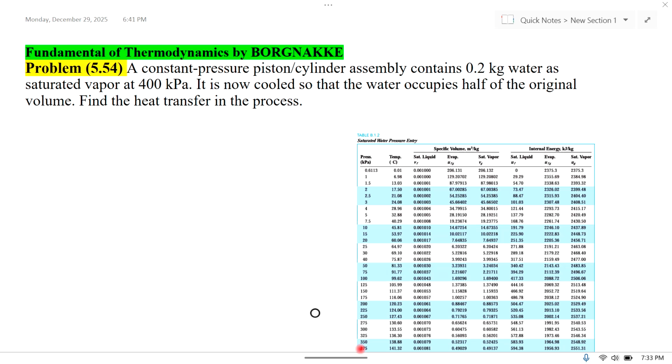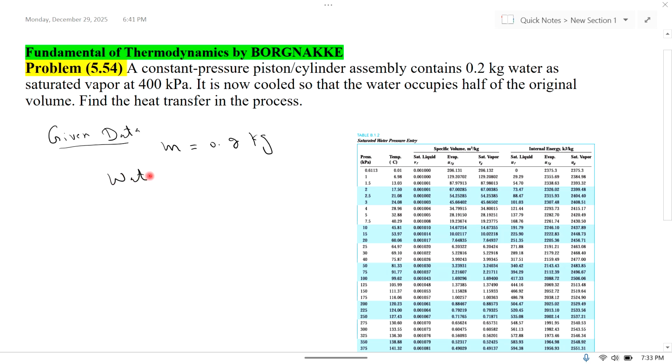The statement of the problem is: a constant pressure piston cylinder assembly contains 0.2 kg of water, saturated vapor at 400 kilopascal. In the given data, a piston cylinder arrangement contains a mass of 0.2 kilogram of water.